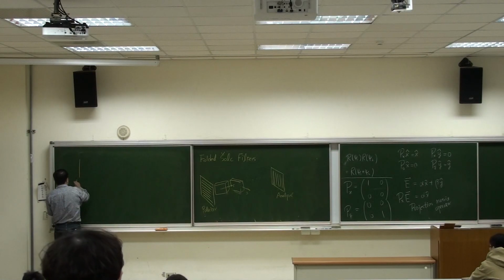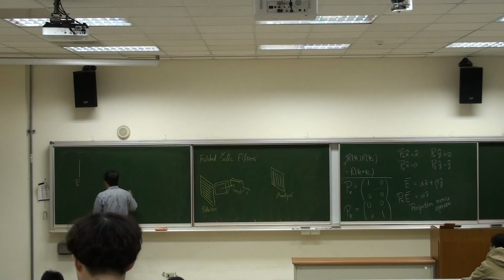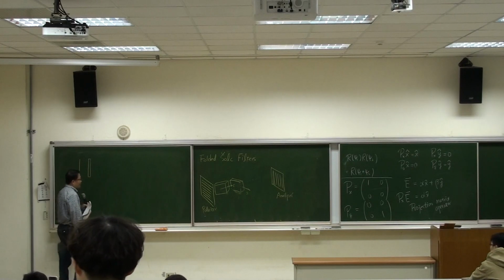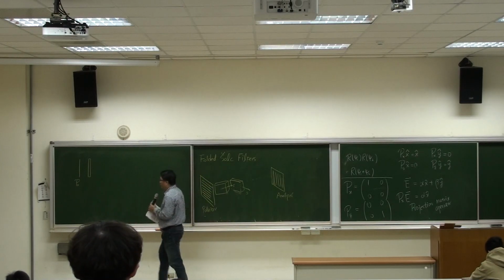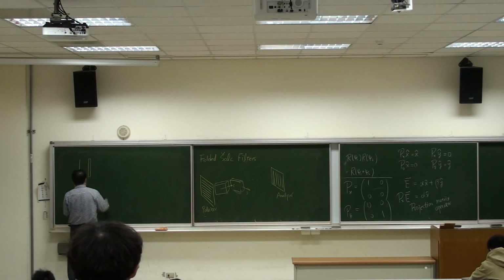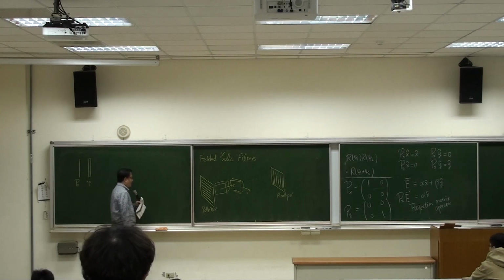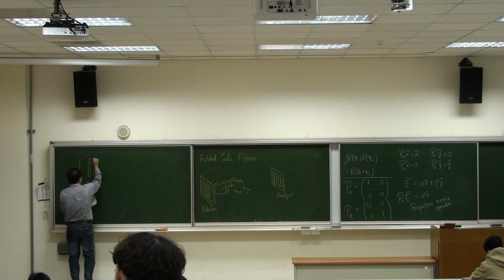Here, originally we have the X polarizer. Okay, and for the first waveplate, we choose the slow axis to be oriented along the positive rho angle. And the second one has an orientation angle of minus rho.